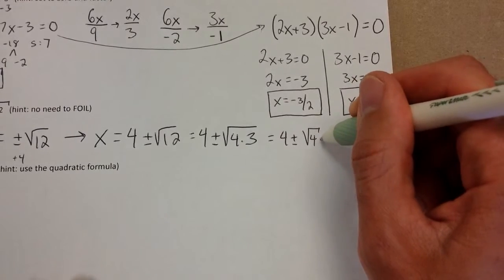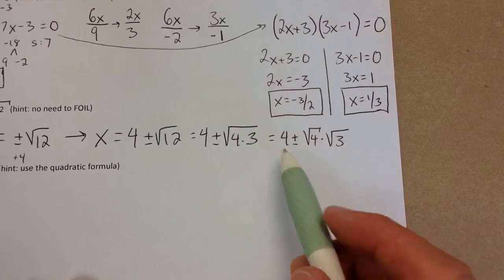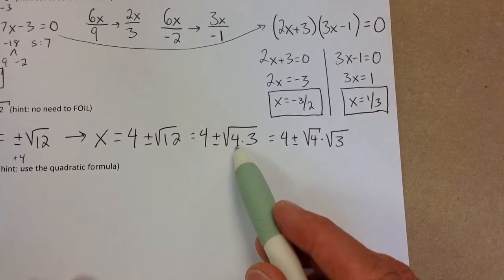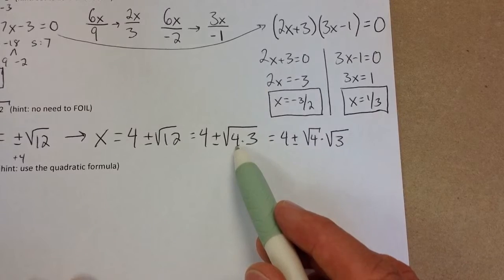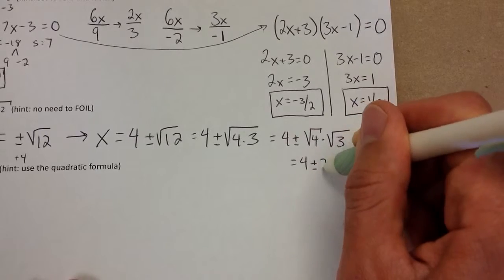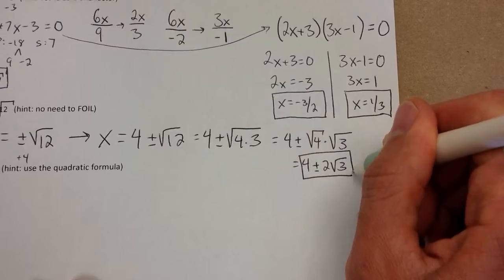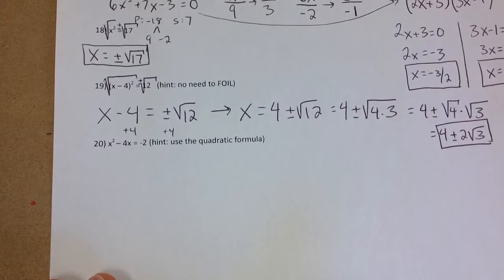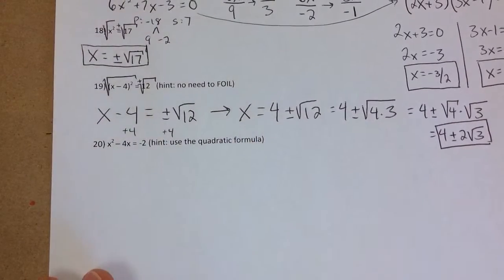The reason is because there's something called the product property of square roots, which says that if you have the square root of a product, you can express that as the product of the square roots of the factors. And the square root of 4 is 2. So this becomes 4 plus or minus 2 times the square root of 3. Those are the two values of x that make this statement true. As I wrote here, there's no need to FOIL or expand this binomial. You could, but it would just add more steps.